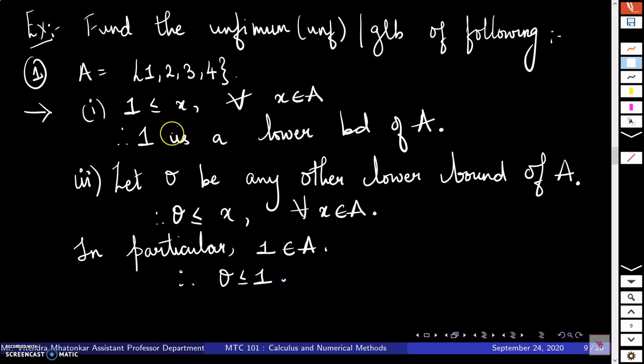So what did we do here? In the first step, I showed that 1 is a lower bound of A, and in the second, we showed that any other lower bound theta must be less than or equal to 1, and hence the greatest lower bound of A is 1.